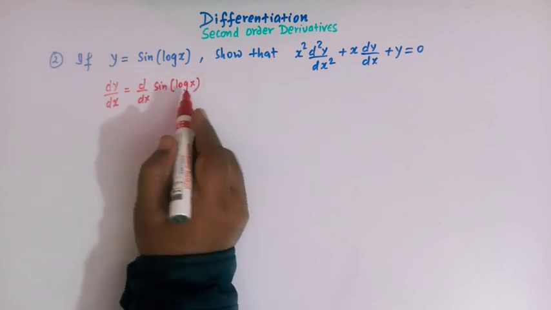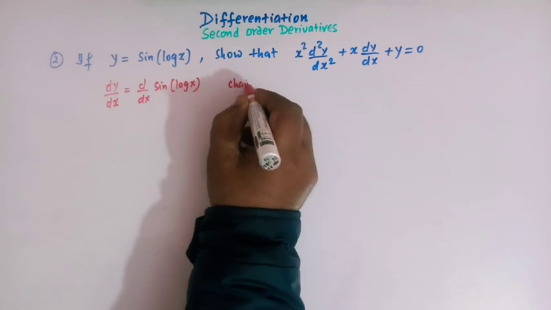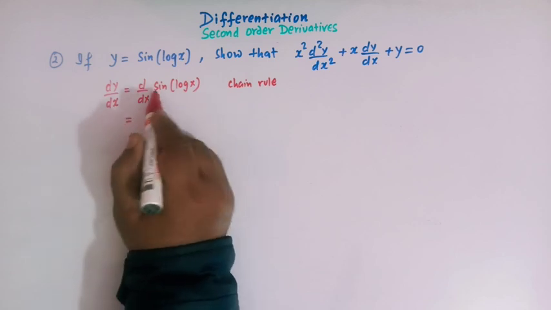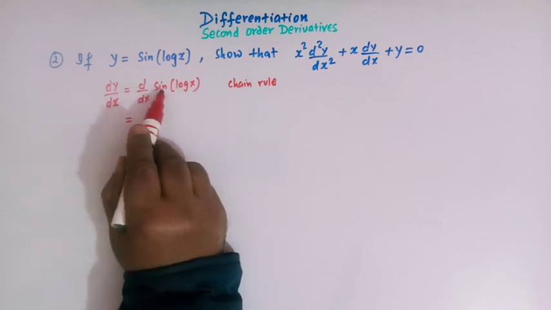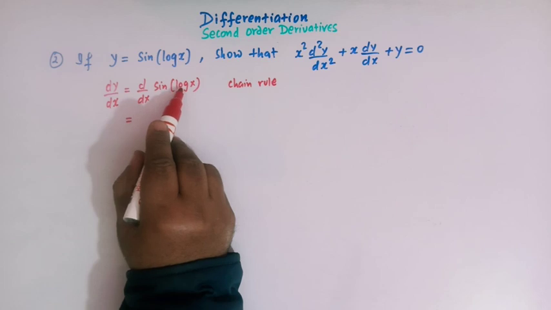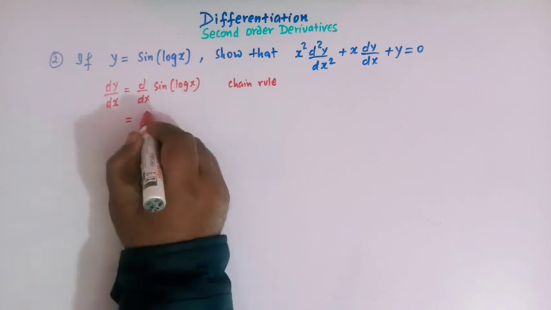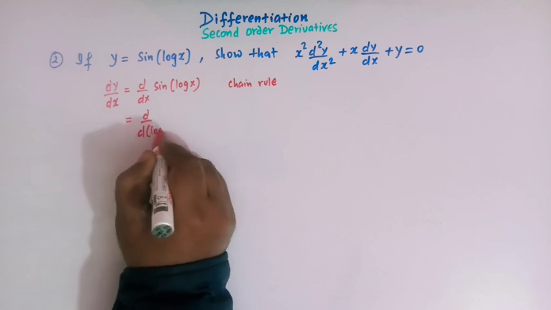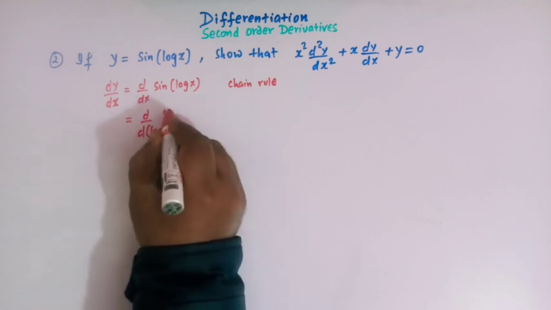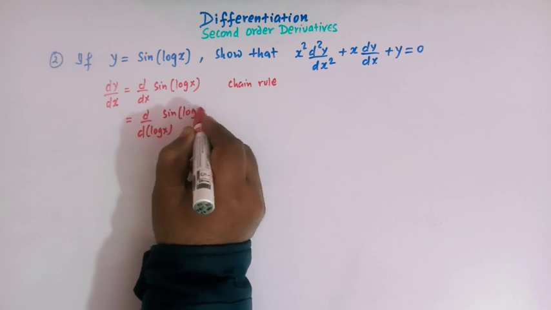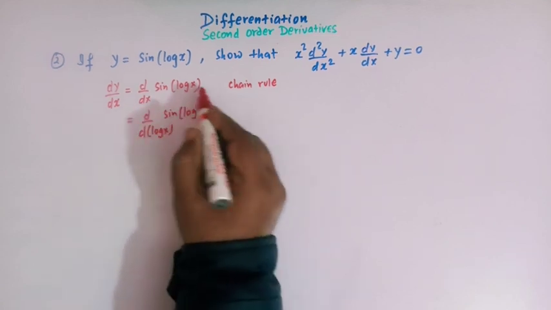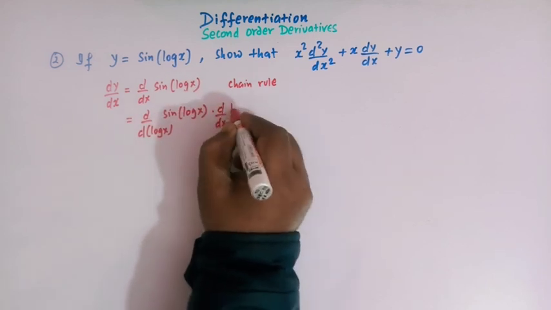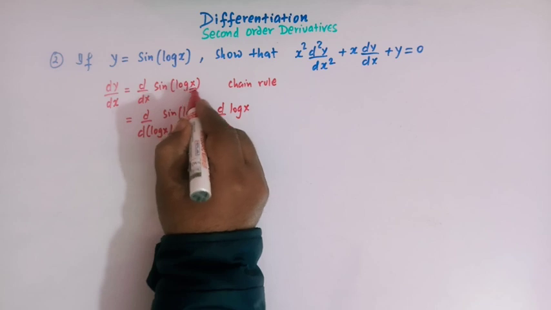And here again we'll make use of the chain rule, and the chain rule says that first we'll find the derivative of sine log x with respect to log x, right? So we can also write this as d by d of log x here, and sine of log x, and then by chain rule we have to differentiate the log function with respect to x, right?